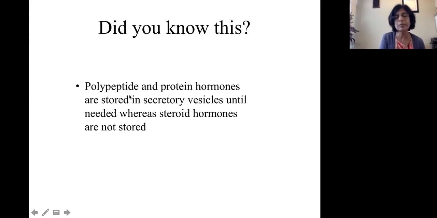So that's possible with polypeptide and protein hormones, but not with steroid hormones. Steroid hormones have to be made as they're needed, and their starting point is arachidonic acid. Arachidonic acid is a lipid molecule that is converted into a steroid hormone as needed, okay, and is not stored.